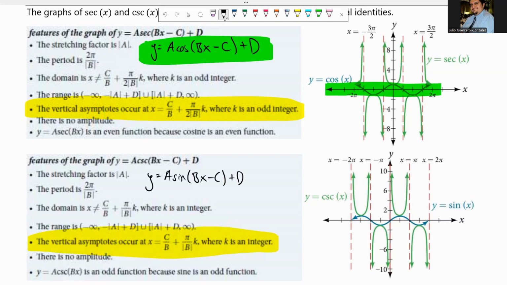So recall real quick that secant of x is 1 over cosine of x, and cosecant is equal to 1 over sine of x. Again, you guys see this? Those are my identities.